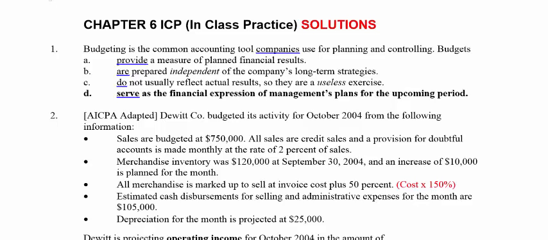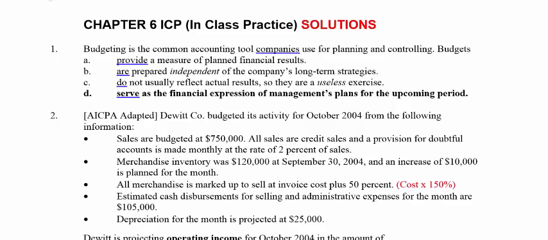C says that budgets do not usually reflect actual results, so they are a useless exercise. Oh no, they're not a useless exercise. So C is not correct. That leaves us with D: serve as the financial expression of management's plans for the upcoming period. That is our answer for number 1.